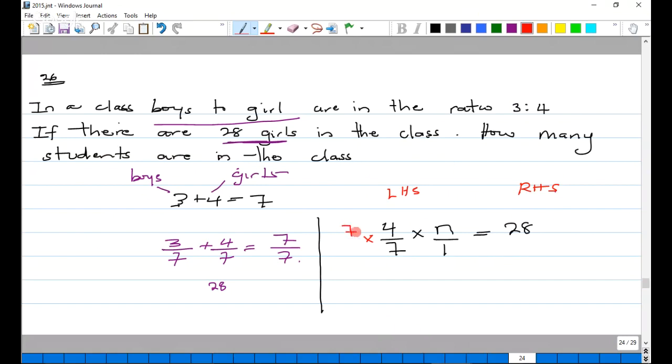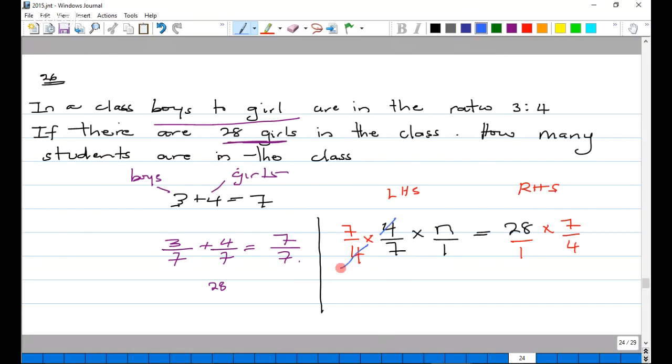So the reciprocal will be 7 over 4 because we want to cancel these down so that we have n by itself. Now, what did we do over this side? We multiplied by 7 over 4. So we're also going to need to do the same thing on this side, 7 over 4, and multiply by that.